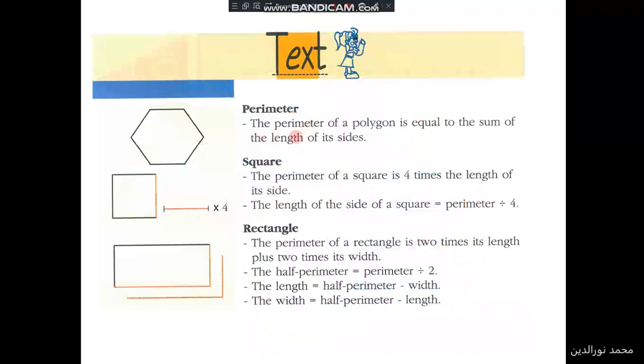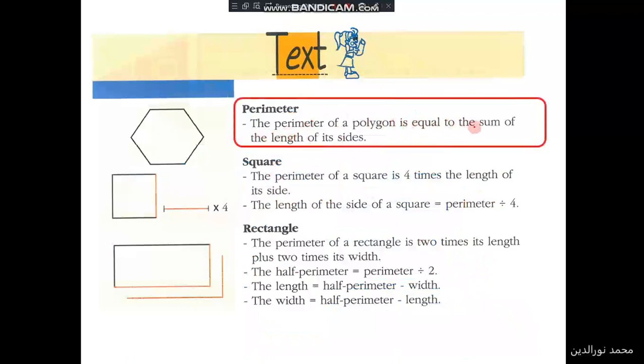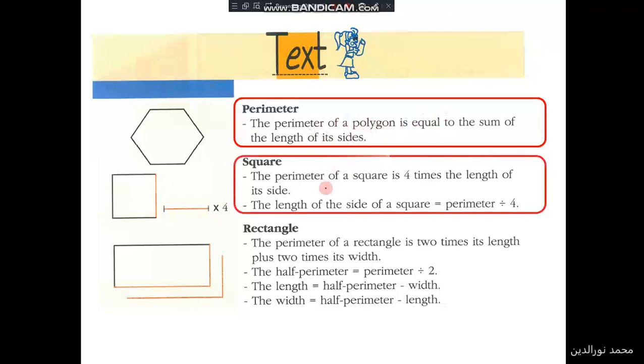In the textbook, it says the perimeter of a polygon is equal to the sum of the lengths of its sides. For a square, the perimeter is 4 times the length of its sides, meaning side multiplied by 4.